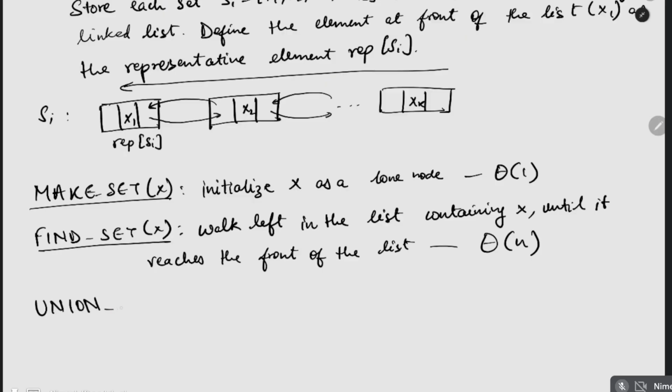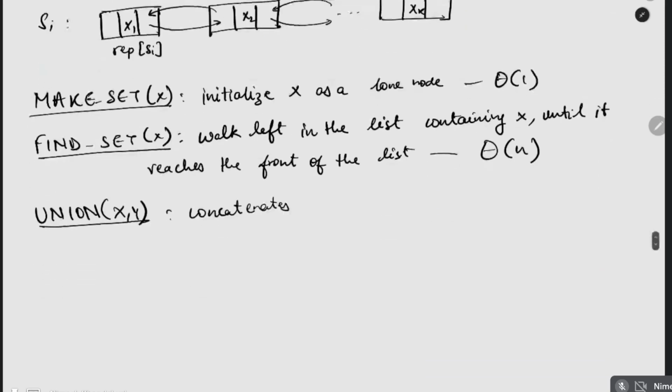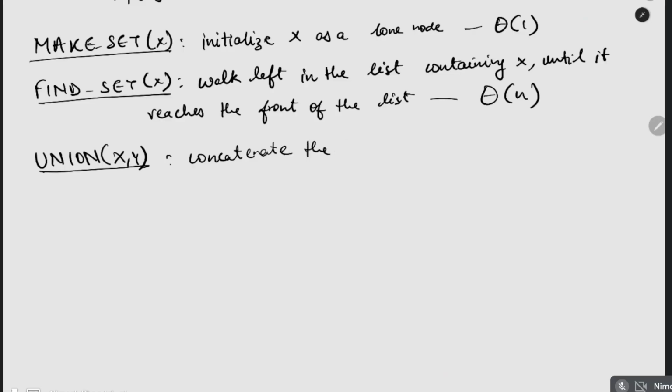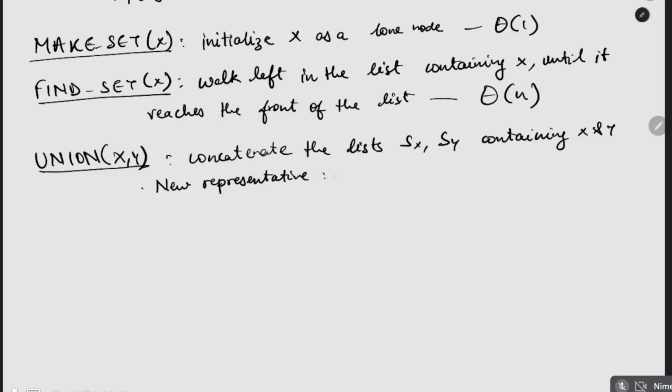And how does the union work in this? For union, we concatenate the lists Sx and Sy containing x and y, and the new representative is the representative of x.